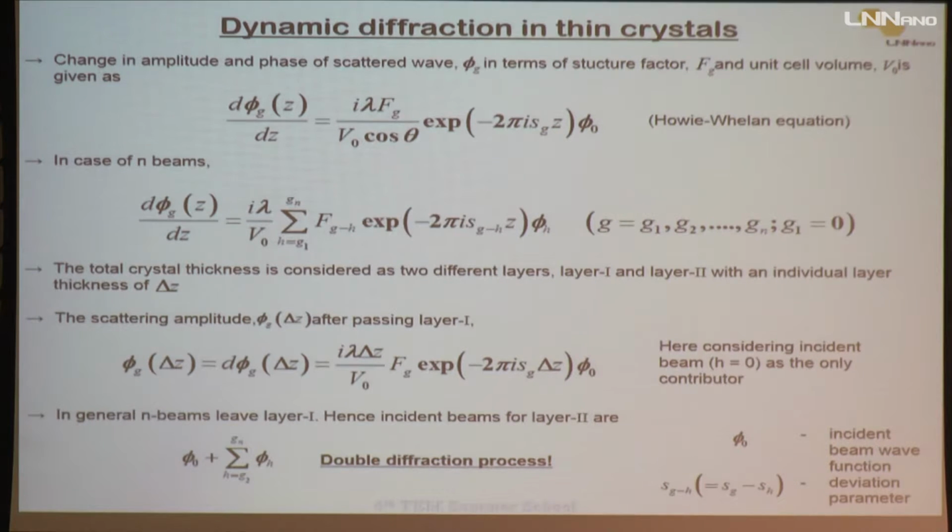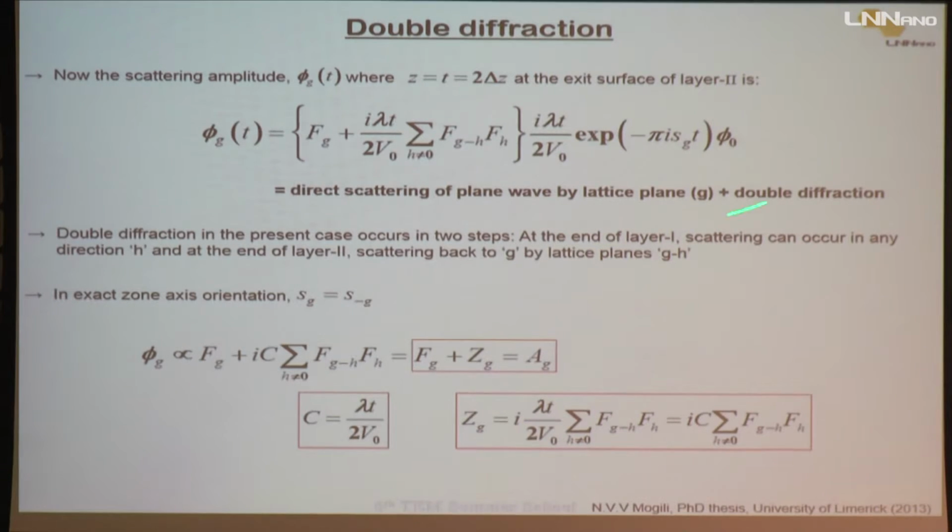So at the end of layer 1, these are the scattered beams, and I included this double diffraction concept, and I put these beams as incident beams for layer 2, and I tried to obtain the exit wave of layer 2. I have given only the end results here, and if you want a quick overview of the derivation of this equation, please refer to this thesis.